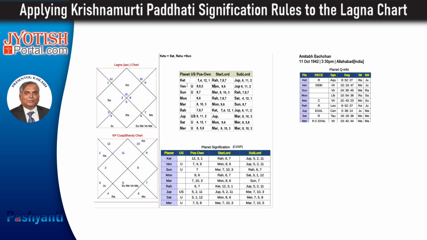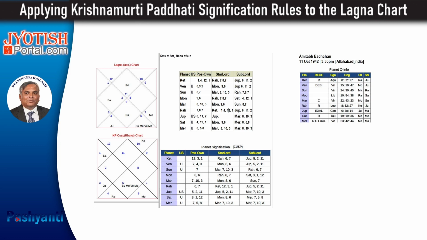And obviously, if you just focus on these things, this will give you some result. But there are some other things that Shri Krishnamurti has mentioned. I will share those, and that's definitely going to expand your horizon and the way you look at any horoscope within the Krishnamurti Paddhati framework.